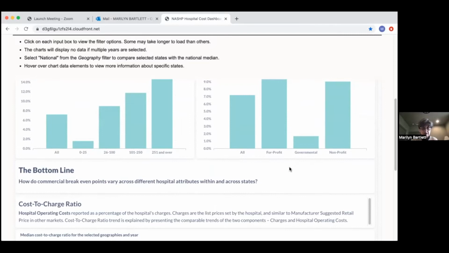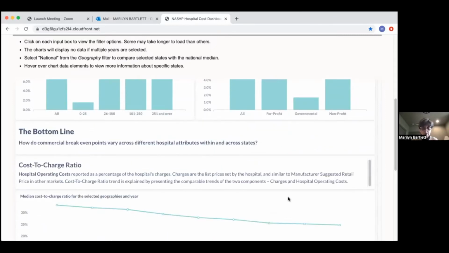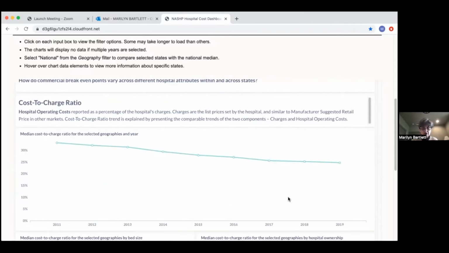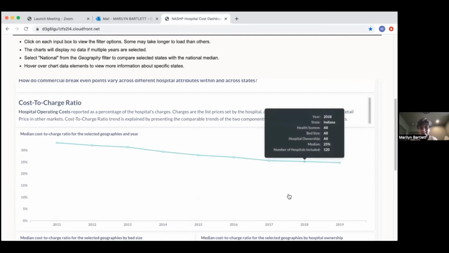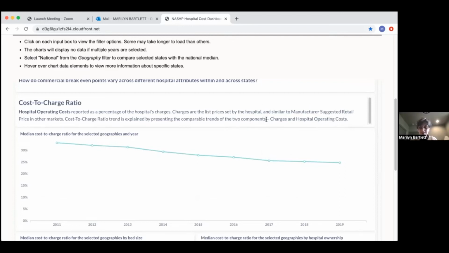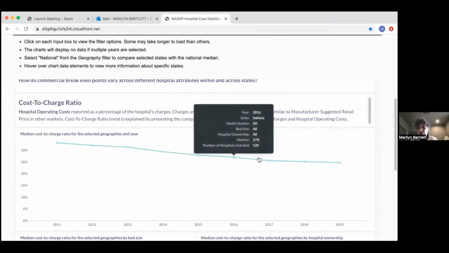So now we jump to the bottom line. One of the things we look at is cost to charge ratio. And as you know, it is the two components, the charges and the hospital operating costs. So we have consistently seen cost to charge ratios dropping.